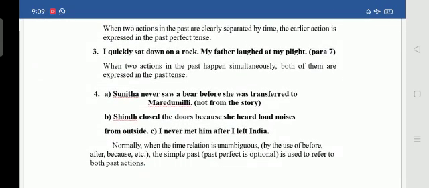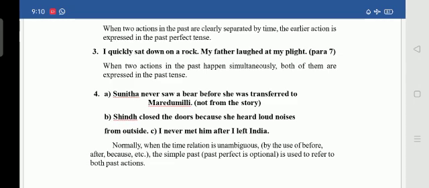When two actions in the past happened simultaneously, both of them are expressed in the simple past tense. So what they are saying is, when two actions happen simultaneously in the past, in those situations the sentence will be expressed in the past tense.